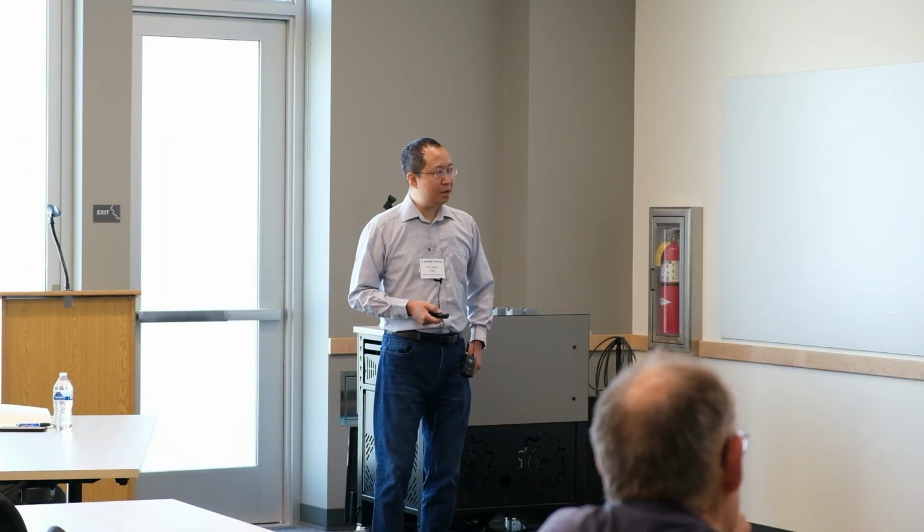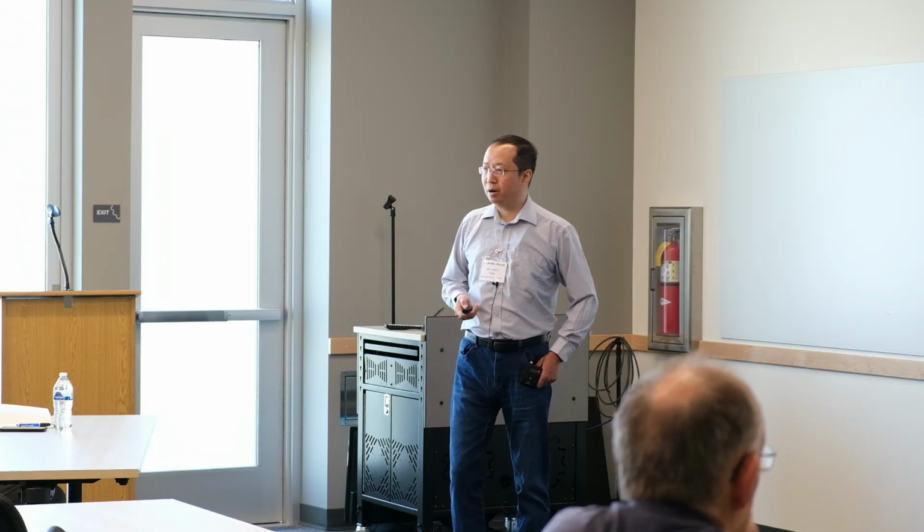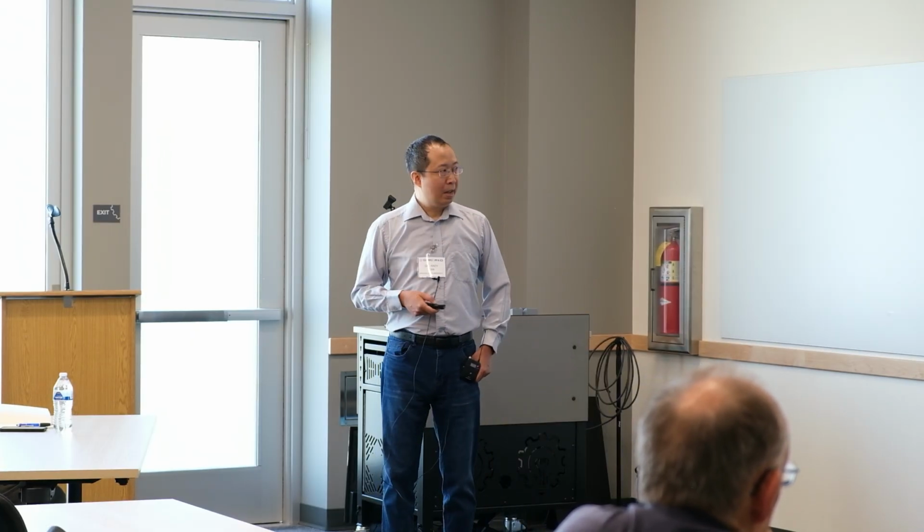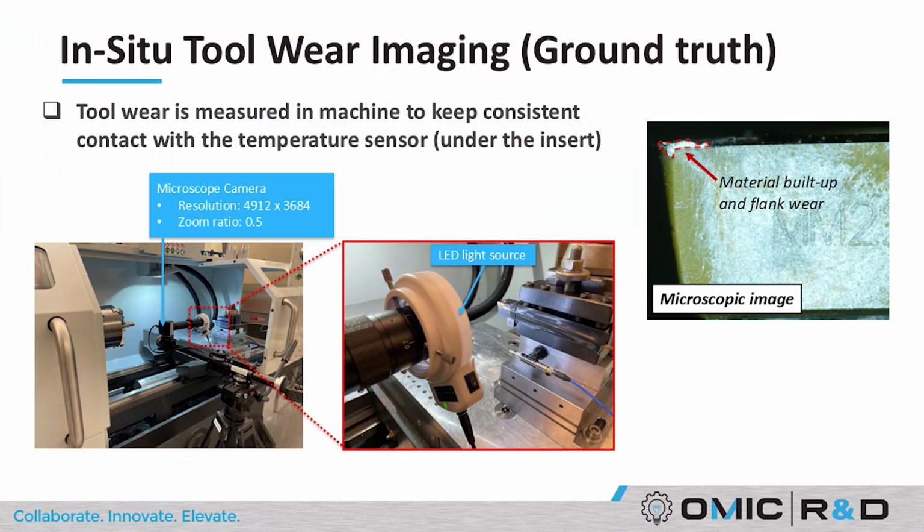To measure the ground truth of the tool wear, we also developed a system based on a microscope to observe the tool wear from inside the machine. Before doing this, we also tried removing the cutting tool from the machine and placing it underneath the microscope to take a clearer picture, because the background light would be very consistent in that case.